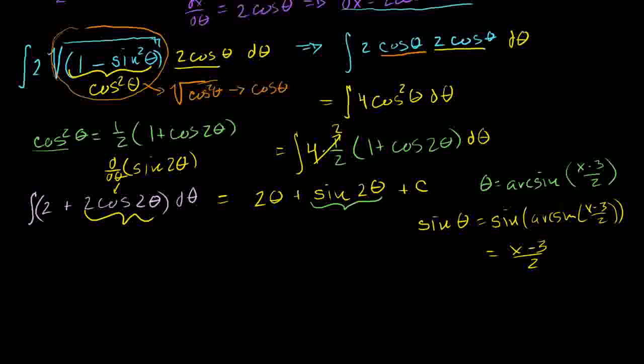Well, you may or may not know the other identity, and I've proven this as well, that sine of 2θ, that's the same thing as sine of (θ plus θ).